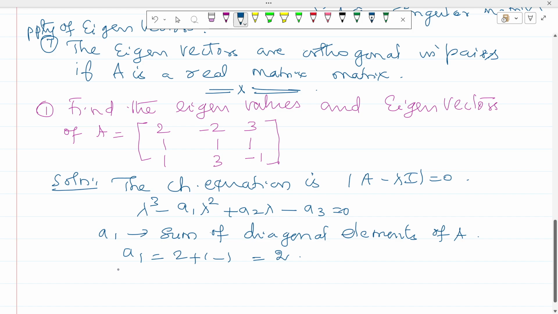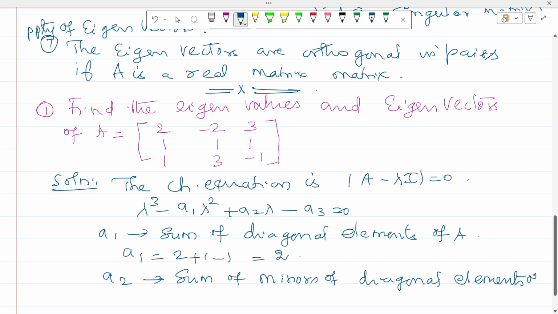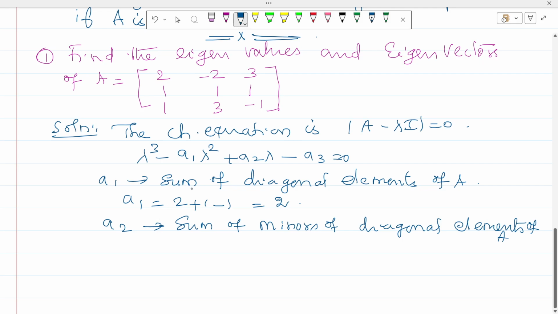Second one is a2. a2 is the sum of minors of diagonal elements. These steps you have to write in the examination. What is the first diagonal element? 2 is the first diagonal element.